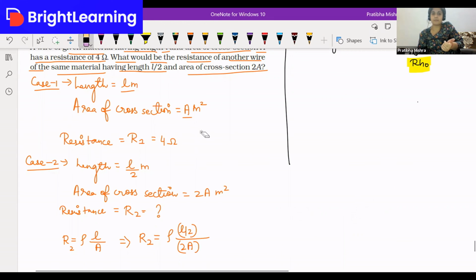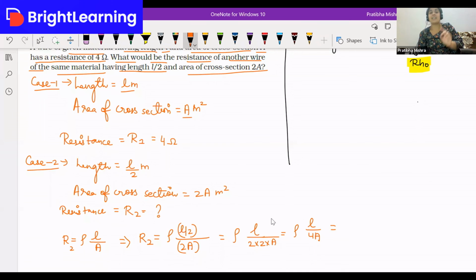So what I'm going to do is I'm continuing this. L remains in the numerator. 2 will come down. It will become 2 into 2 into A. So now what will it become? L by 4A. L by 4A, right?